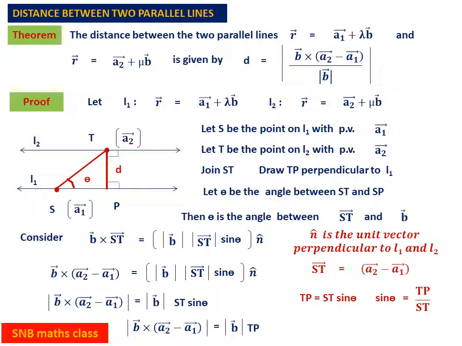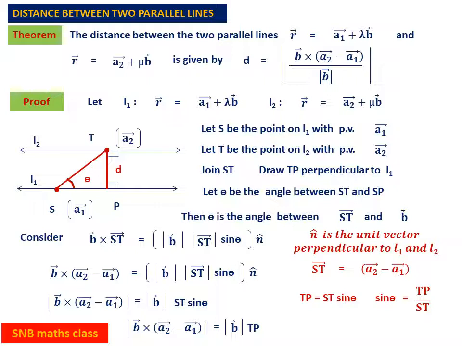This is the thing. Now look here, what is ST sine theta? TP equals ST sine theta, because look at the diagram in the right angle triangle STP. What is sine theta? Sine theta will be equal to opposite side TP divided by hypotenuse ST. Therefore TP will be equal to ST sine theta.